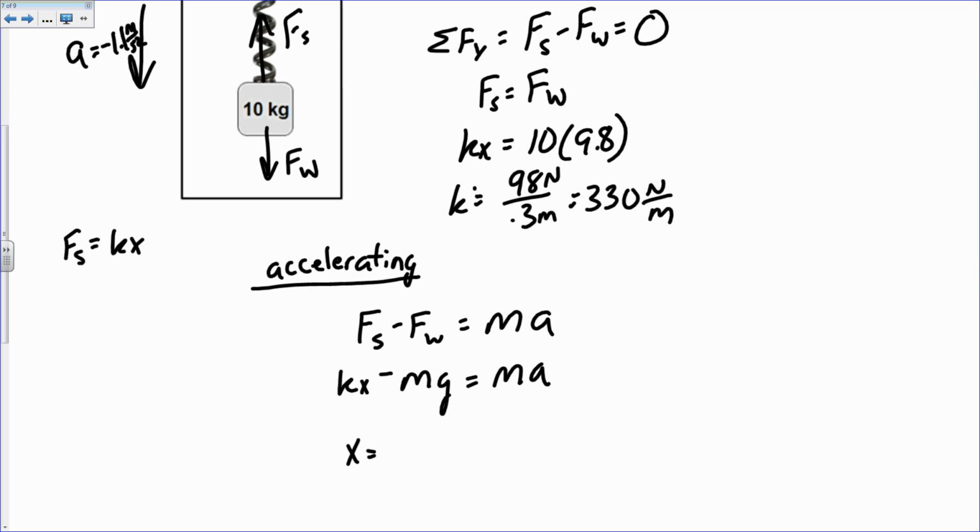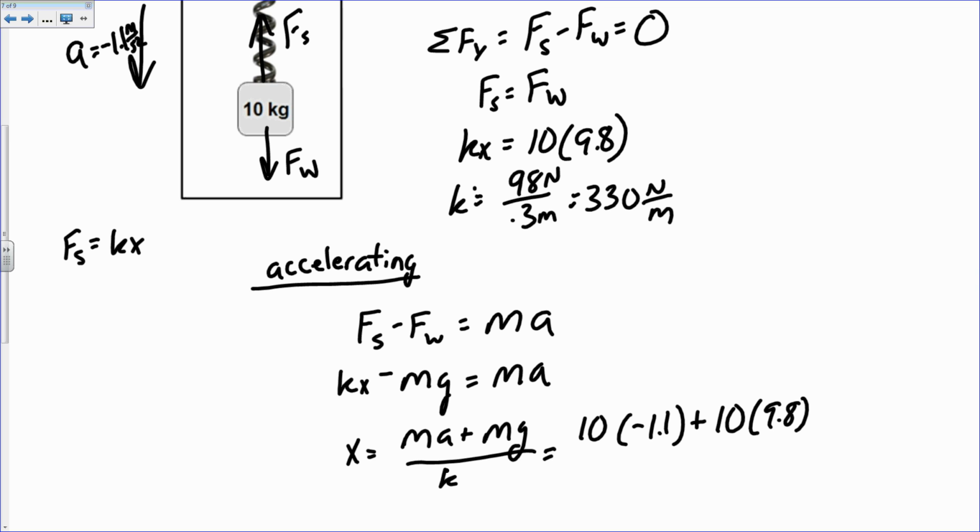So x equals ma plus mg divided by k. And now I know k. I know all these numbers, in fact, so I'm going to put them in. I have 10 times negative 1.1 plus 10 times 9.8 divided by 330. And that gives me 0.26 meters. That's the answer.